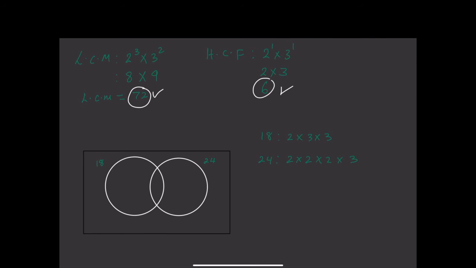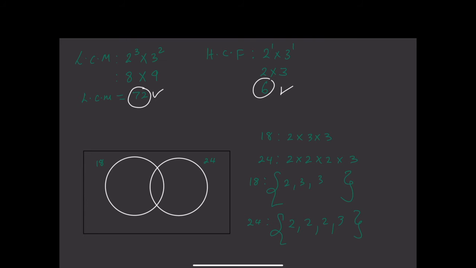So what we do is we're going to now express them as a set. So in the set, we're going to just put in the individual values. So we have 2, 3, and 3. For 24, we have 2, 2, 2, and 3.